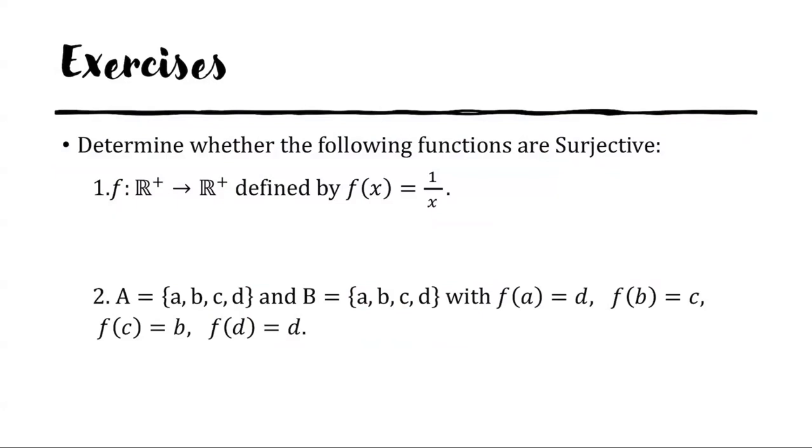And we know that to show a function is surjective, that means for all elements in the output set, we want to find there exists a in the input set where f of a equals b.